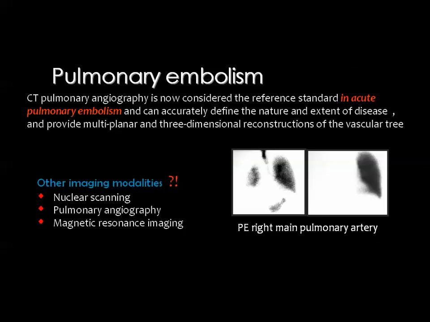Actually, there are a lot of ways to assess or to diagnose pulmonary embolism, and these included the nuclear scanning, pulmonary angiography, which is this digital subtraction or conventional angiography, the MRI, and the CT pulmonary angiogram.